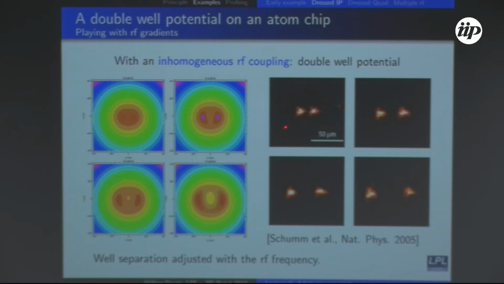And this is the experiment performed by Thorsten Schumm and Jörg Schmiedmayer, where you control the splitting between the 2 wells in these pictures by changing the RF frequency.